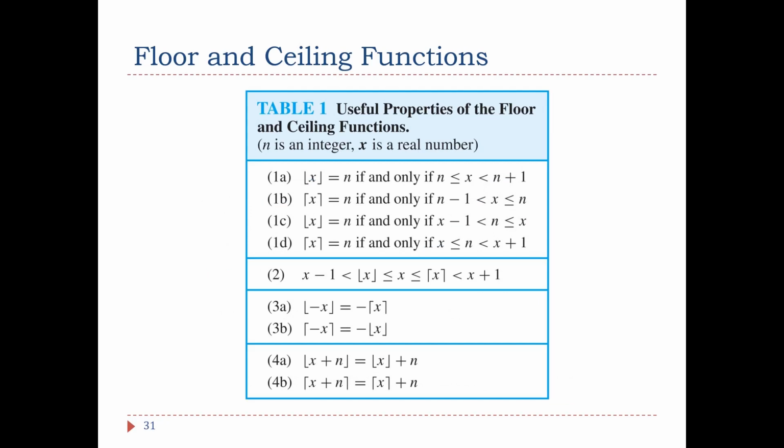You have this table of properties. I think most of it can be proved by hand, but you can also take it for granted and use it in your proofs. You have a couple of examples in the slides. This first property, and even the second one, stem from what I drew on the axis a few slides ago.